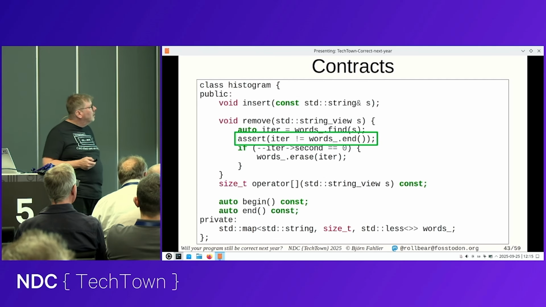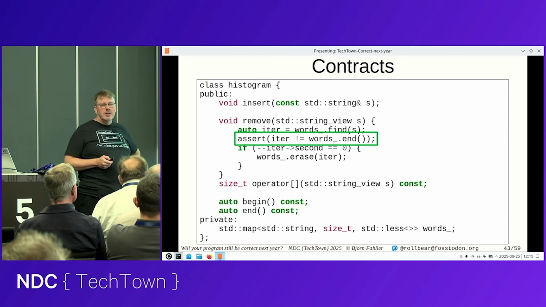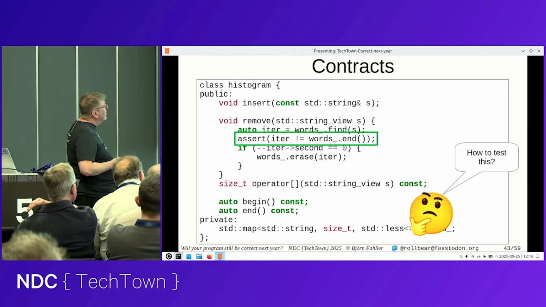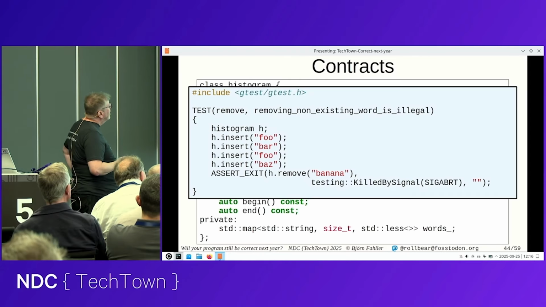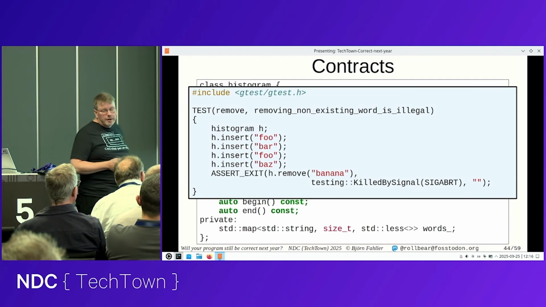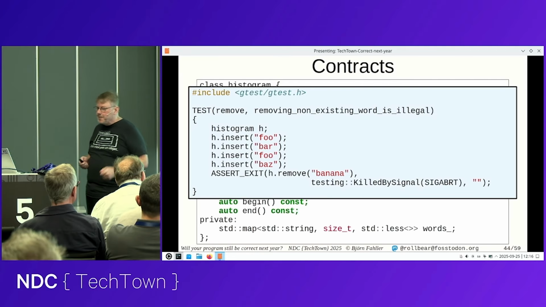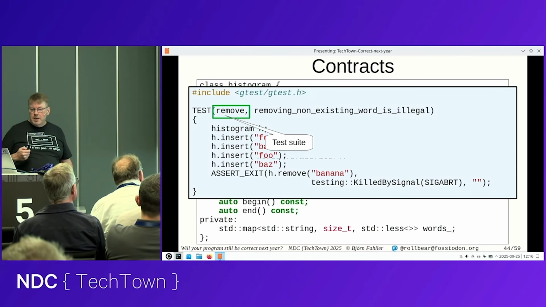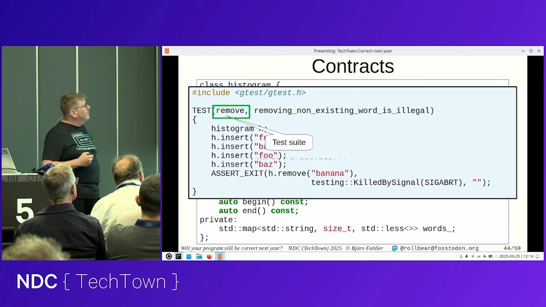How do I test an assert? That is kind of nasty. So one thing you can do, another test framework, Google Test, include gtest.h, and Google Test has a different syntax for tests.